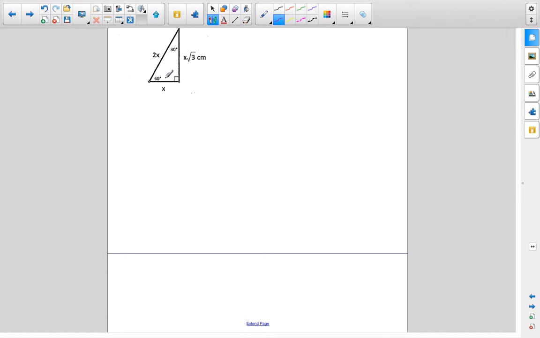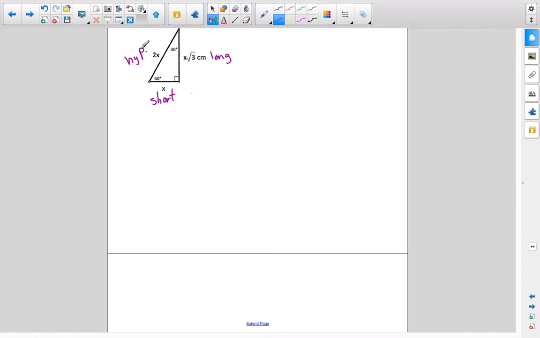Oh, here's an example that just shows us how they're related. If the short leg is x, then the long leg, and remember this is across from the 30, then the long leg is across from the 60, so that's the square root of 3 times the short leg, and then the hypotenuse over here is 2 times the short leg.